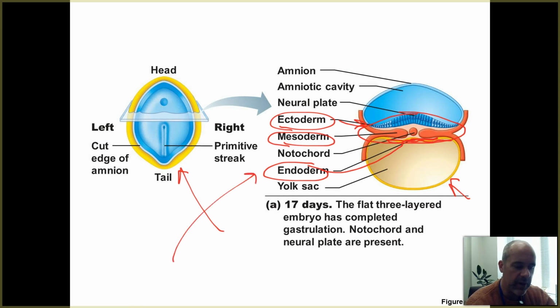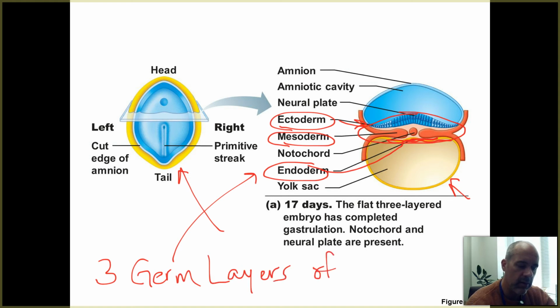So these are your 3 what are called the 3 germ layers of the embryo, and not germ like a disease-causing microorganism. Germ here is referring to germination. These tissue layers are going to develop into various body structures.